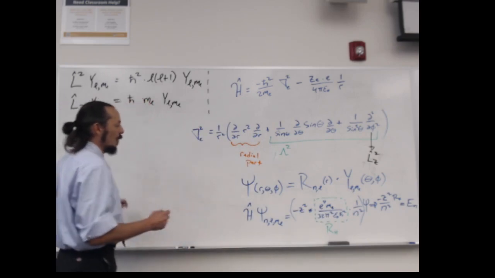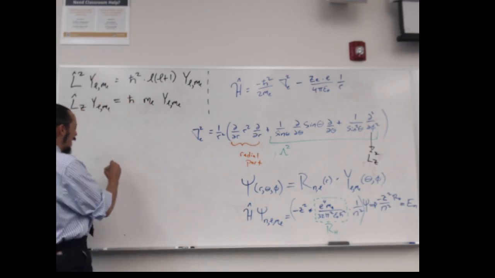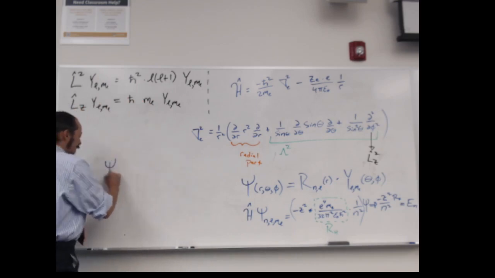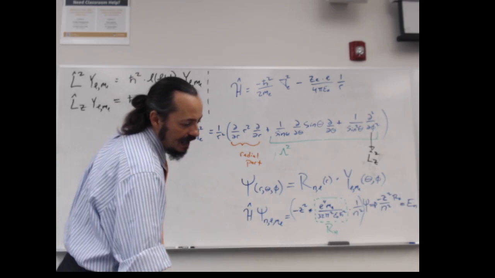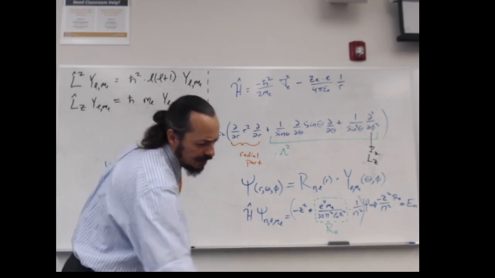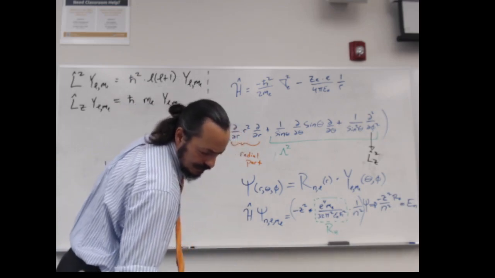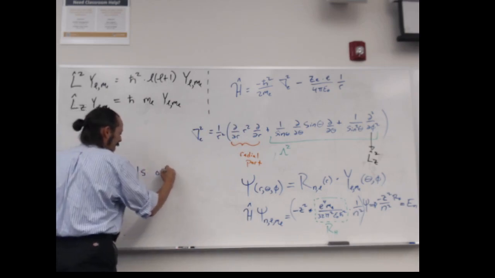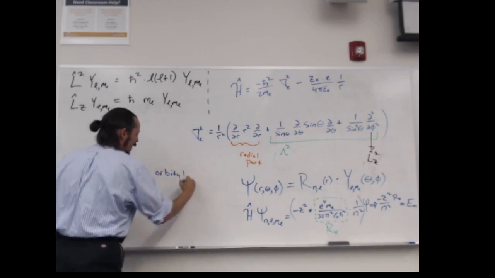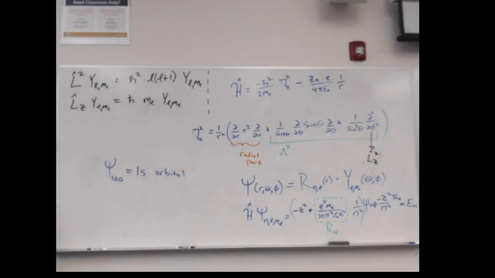One of the things that we're going to do is start to recognize that we can write down a psi 1, 0, 0. So that's N equals 1, L equals 0, M sub L equals 0. And we might recognize that better as a 1s orbital.